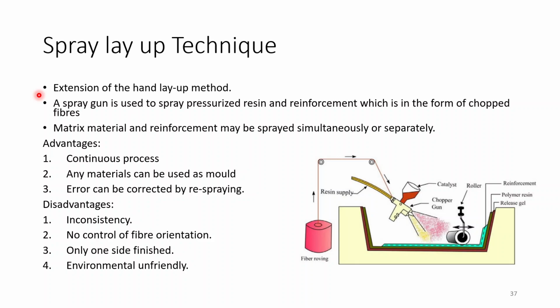The disadvantage is it has inconsistency, it has no control of fiber orientation, only one side is finished, and it is an environmentally unfriendly technique. So in this case this is very similar. So here you have release gel applied, then polymer gel, and the reinforcement is applied using this spray gun.